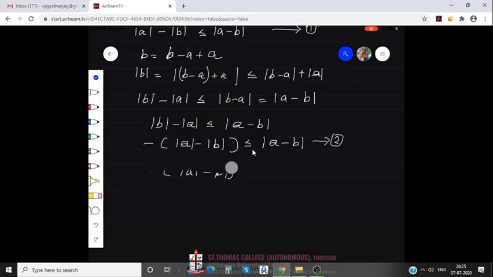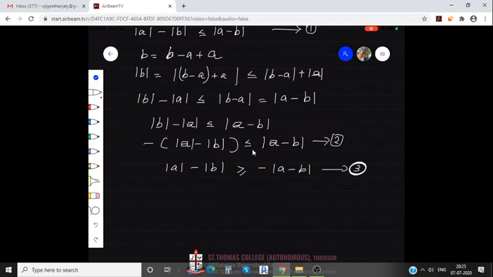I will multiply the second inequality by minus 1 so that I will get the absolute value of A minus the absolute value of B is greater than or equal to minus of the absolute value of A minus B. Consider this as 3.